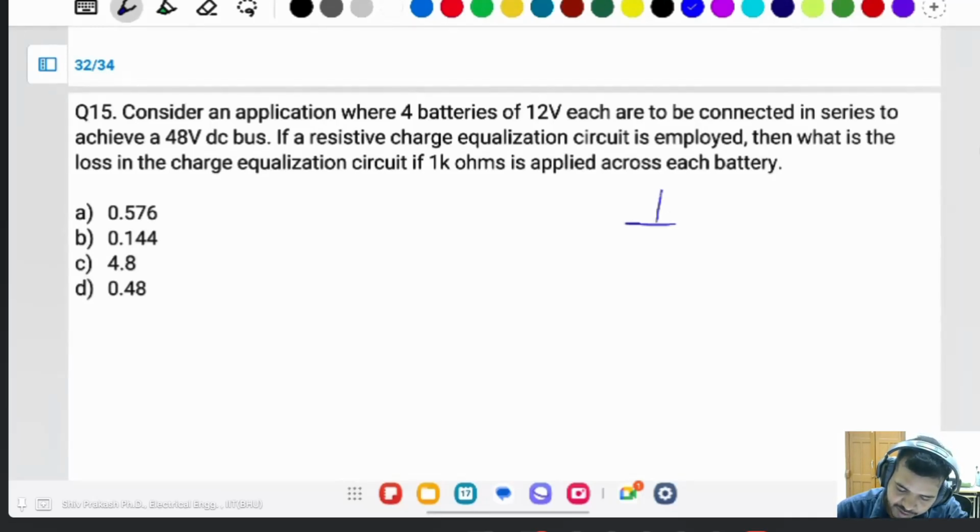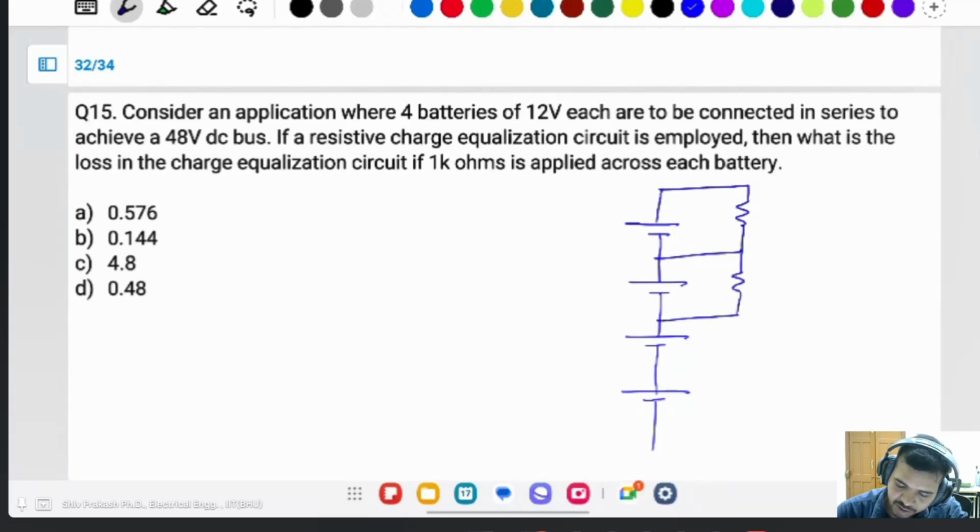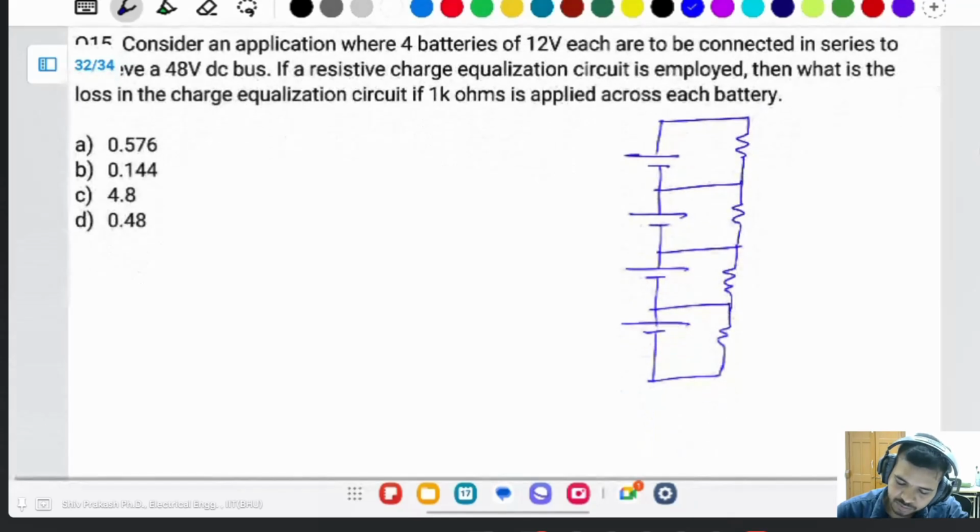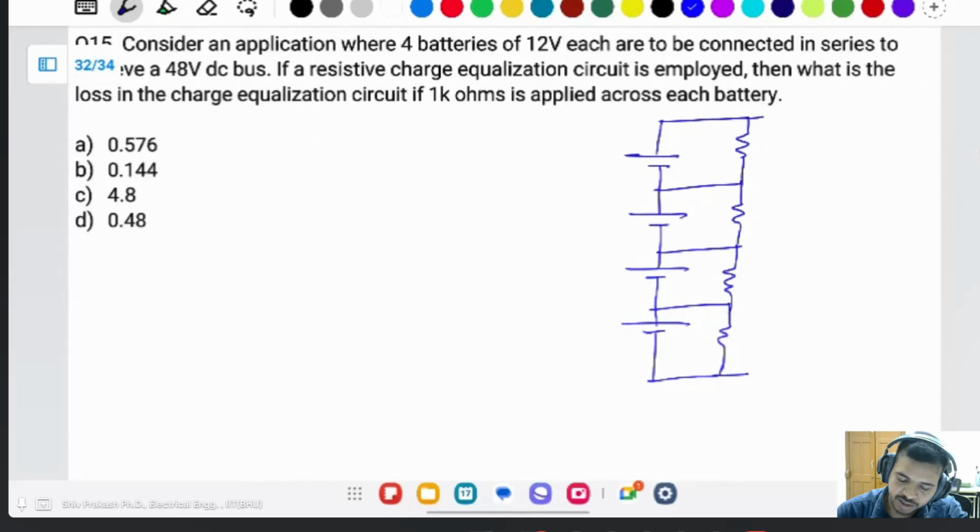This is 4 batteries connected in series, then a resistance of 1 kilo ohm connected across each battery, to equalize this one. All of 12 volt.